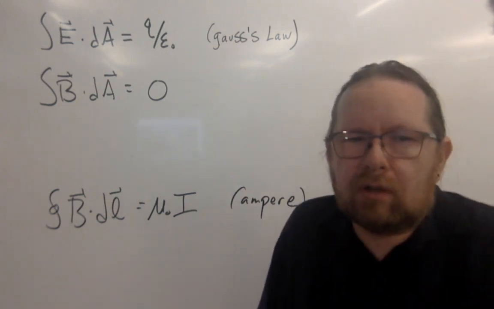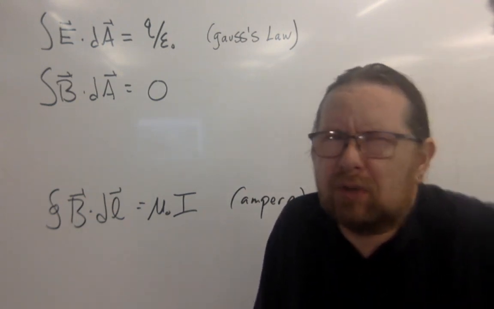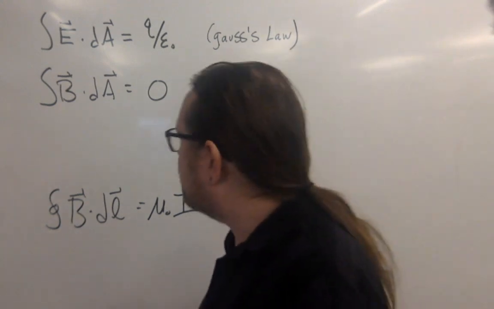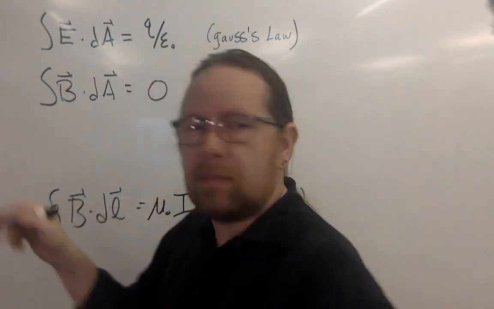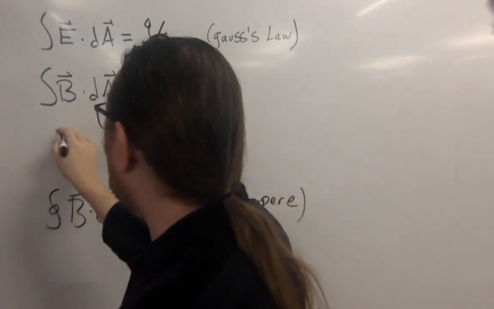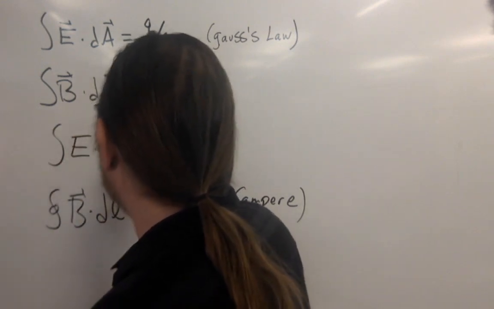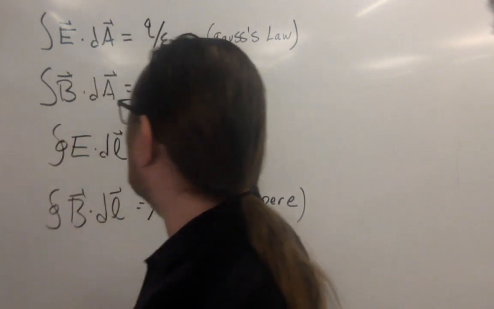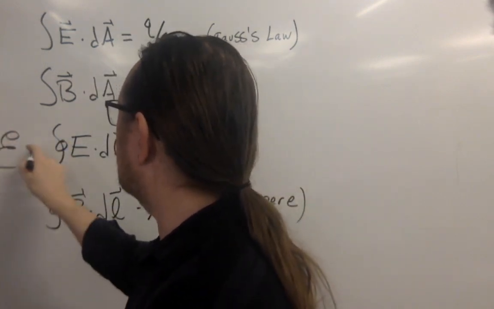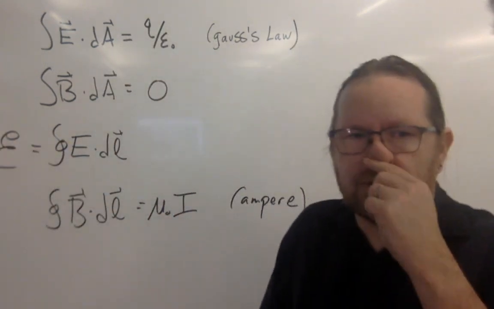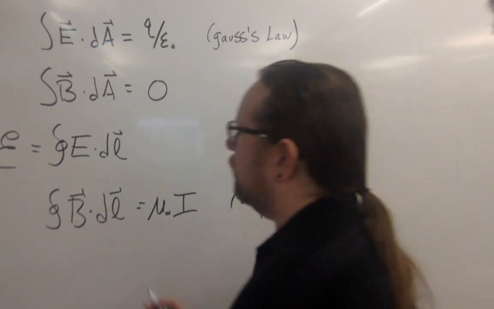The next law of electromagnetism we looked at was Faraday's law, which says that the EMF in a loop, and we can write that as the integral of E dot dl. We never really framed it that way, but the EMF around a closed loop is equal to the integral of E dot dl.